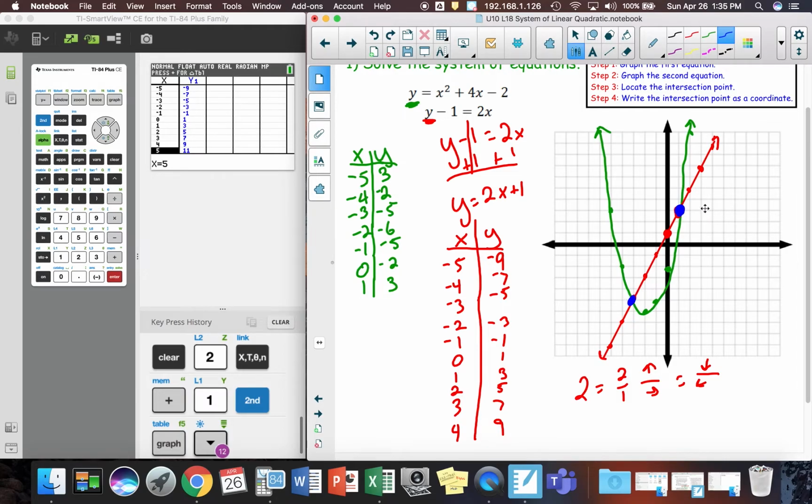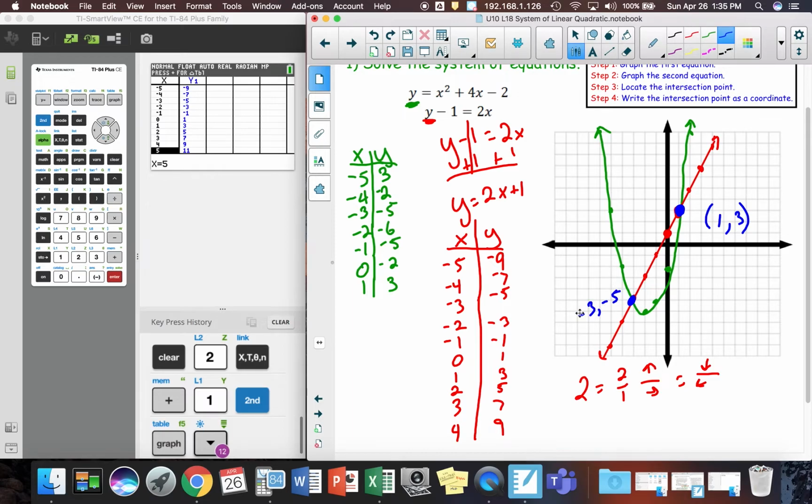So for the first one, this point here is 1, 3. And for this solution, it is -3, -5. So I'm going to label this one as -3, -5.